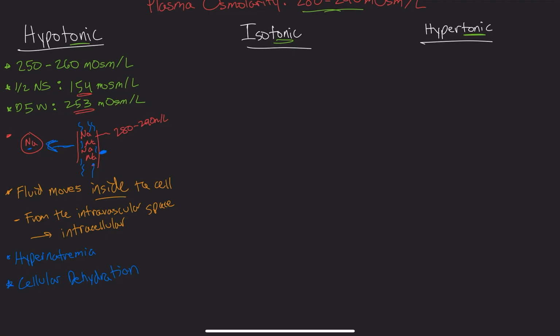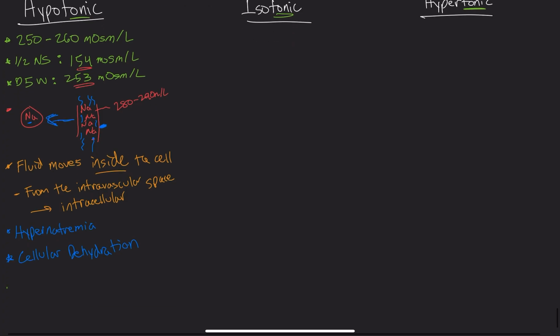As far as big things to monitor for, or some risks, I should say, the biggest one here is that by moving fluid inside the cell you get cellular swelling. These cells can even burst at some point. But basically, increased ICP.